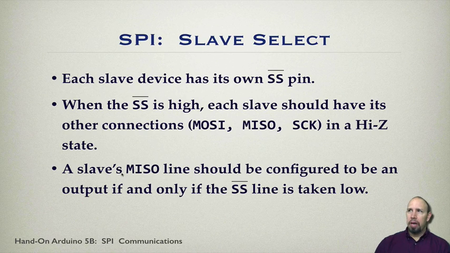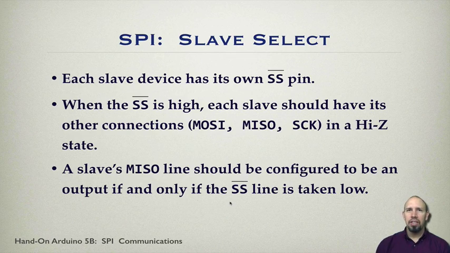Otherwise, one slave may be competing with another slave in trying to communicate when it's not its turn. So a slave can only communicate when it's its turn, and it is its turn when its slave select line is taken low.